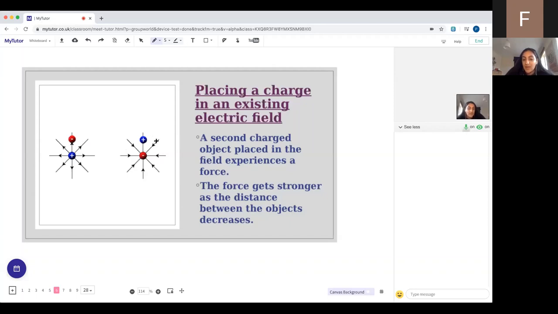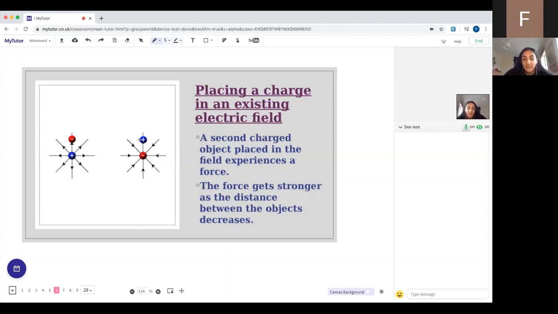Remember, different charges attract, like charges repel. Okay. Now, it's going to feel that electrostatic force.